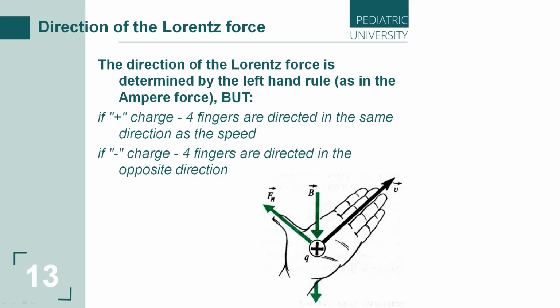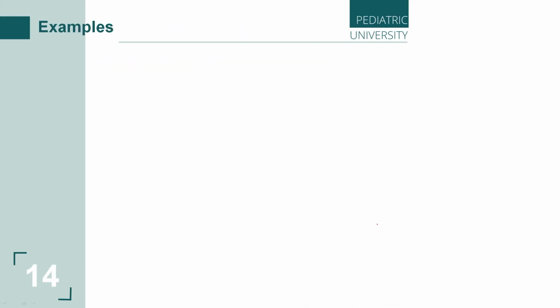And consider examples of tasks to determine the direction of the Lorentz force, like in the Ampere force. Let's see. The first task. It's known that we have a positive charge and it moves upward. Velocity of charge is up. This means that four fingers are directed in the same direction as the speed.